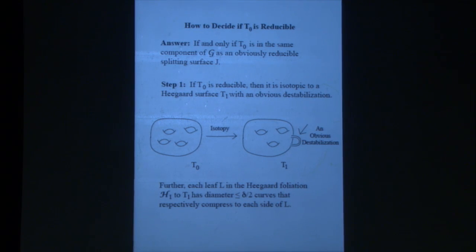But if it's reducible, then there's some isotopy which takes that surface to one where, off in the corner, there's a tiny, obvious destabilization. So if it's reducible, then there's the original Heegaard foliation, and then there's a new Heegaard foliation where every leaf has curves that are really small that compress to both sides.